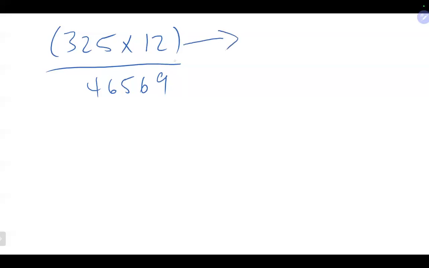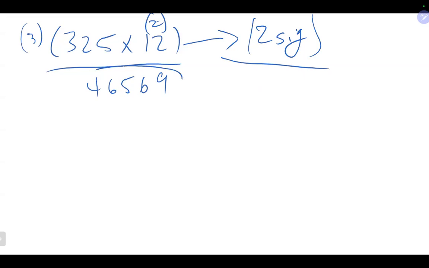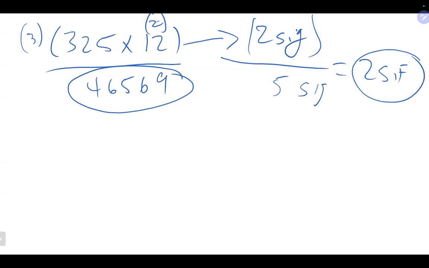The answer on top, this one has 3 sig figs, this one has 2, which means the answer we should get from the top should be 2 sig figs. We then would be dividing that by our bottom number, which would be our last step, which has 5 sig figs, which means our answer should end up with 2 significant figures in this case.